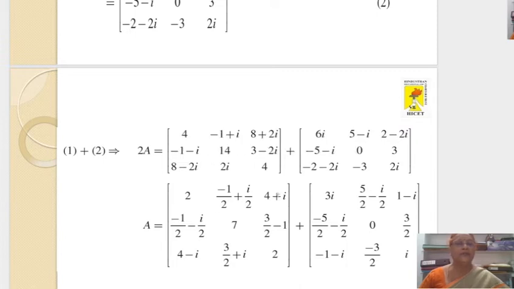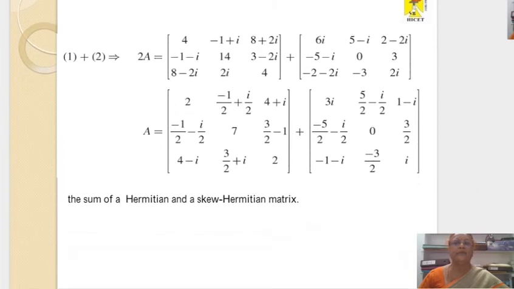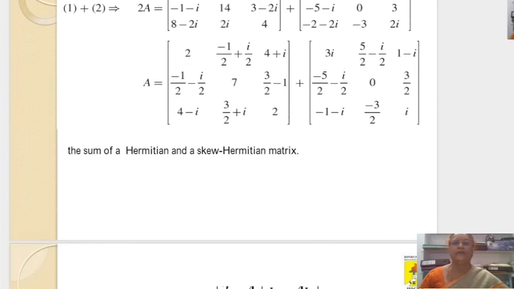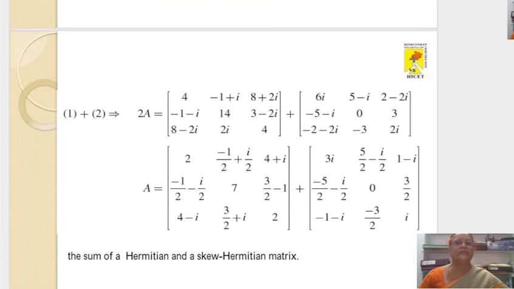So 2A equals this. So A is equal to 1 by 2 of all the corresponding elements. We will get 4 will become 2, and by 2 for all these elements.